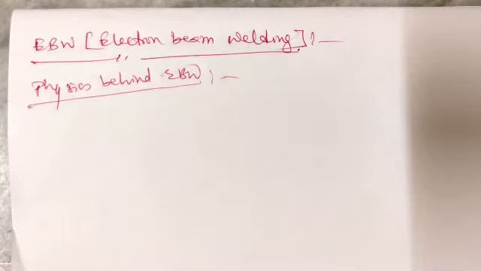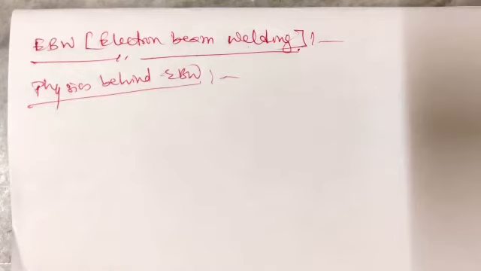Now here I'd like to tell you a few things about the effectiveness of this electron beam. It depends on many factors. The most important factor is the physical property of the materials to be welded, especially the case in which they can be melted or vaporized under low pressure conditions.